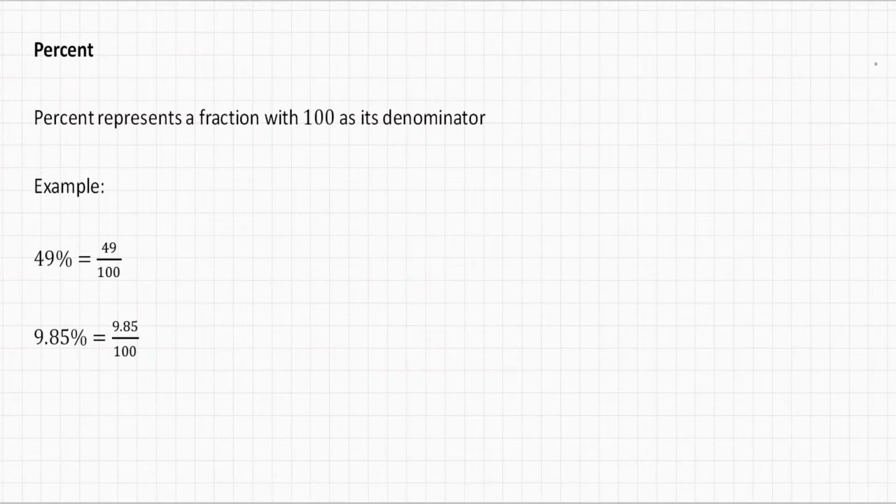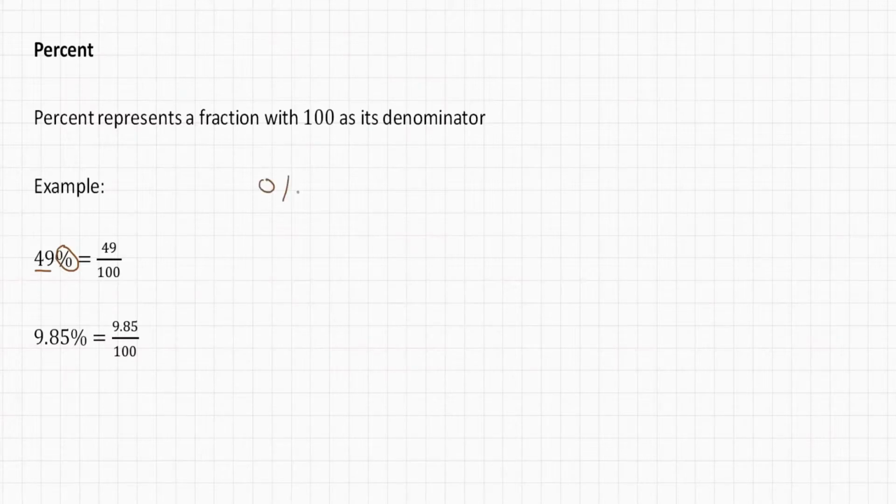Now, percent simply is a fraction with 100 as its denominator. So if I have 49%, it's 49 and I need 100 as its denominator. One of the ways that I remember this is when I look at this 0 and then I see this line and 0, I always just looked at it as 100.